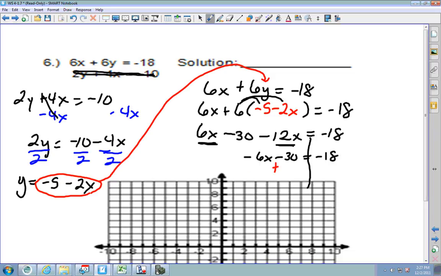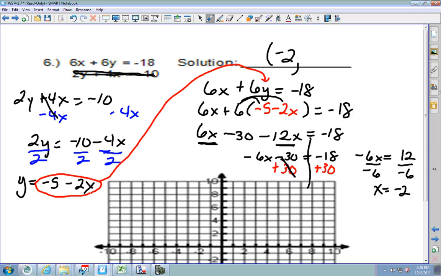I'm going to add 30 to each side. I'm going to have to write it over here, running out of space. Negative 6x equals, these cancel, equals 12. Divide by negative 6. X equals negative 2. X is negative 2. Now I need to find y.